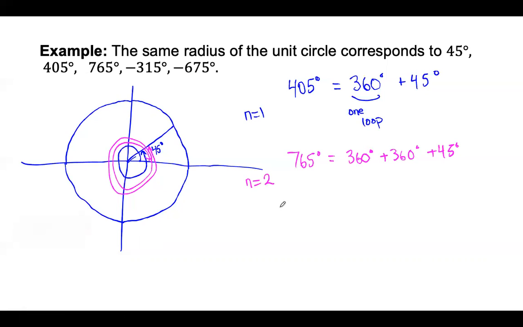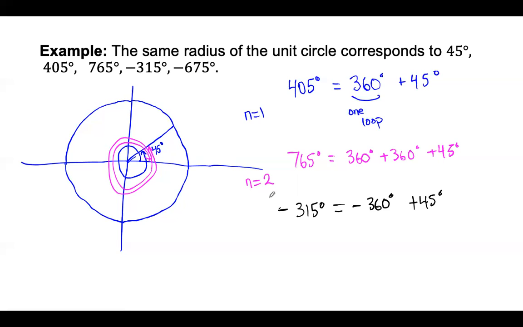What about negative 315 degrees? So in this case, because it's negative, you notice we go 45 degrees, subtract 360 degrees equals negative 315. So we go in the opposite direction.